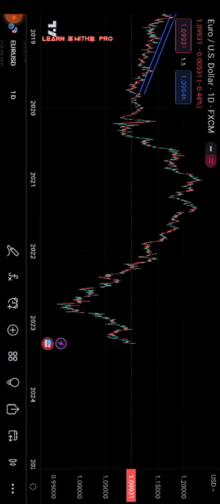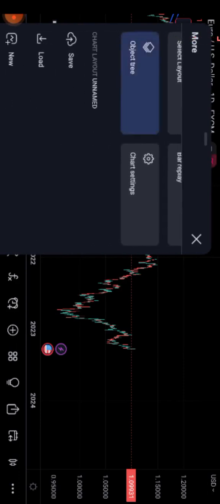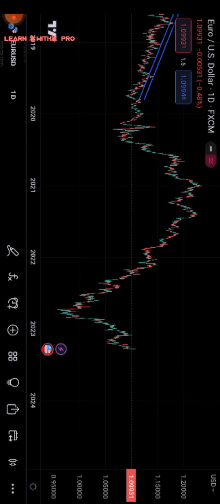Now, you can see that it was previously in a downtrend, and now USD is in an uptrend.